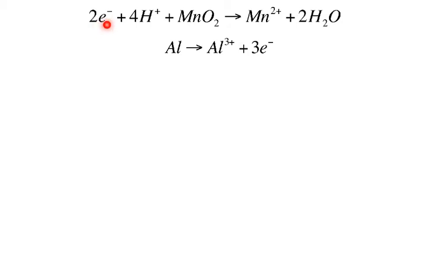I have 2 electrons and 3 electrons, so the lowest common multiple of 2 and 3 is 6. In order to make 6 electrons here, I need to multiply the whole thing by 3. And then I need to multiply this whole half reaction by 2. After I multiply by 3 and 2 respectively, all of the reactants in both half reactions will be the reactants in the overall reaction when I combine them.